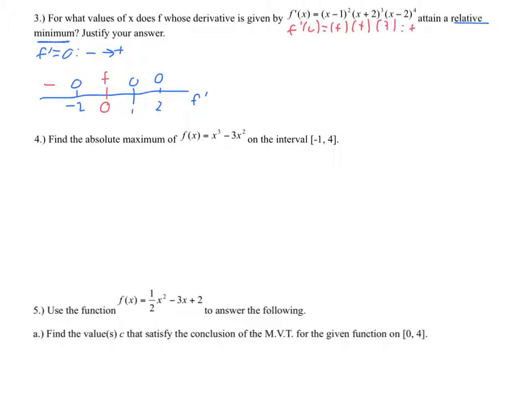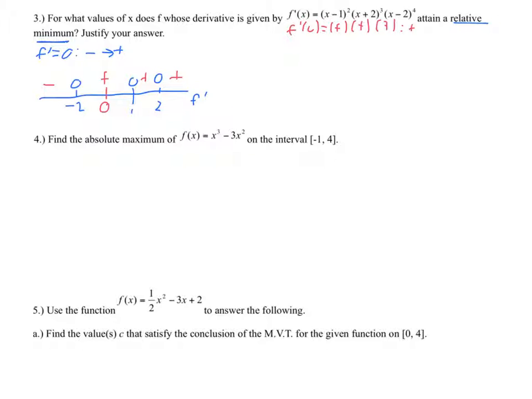Positive 1 comes from this factor. The exponent of that factor is even, so whatever the sign is on the left side, it's going to be the same on the right side. Positive 2 came from this factor, and the exponent is even. Since it's an even-powered exponent, I'm going to have no sign change.